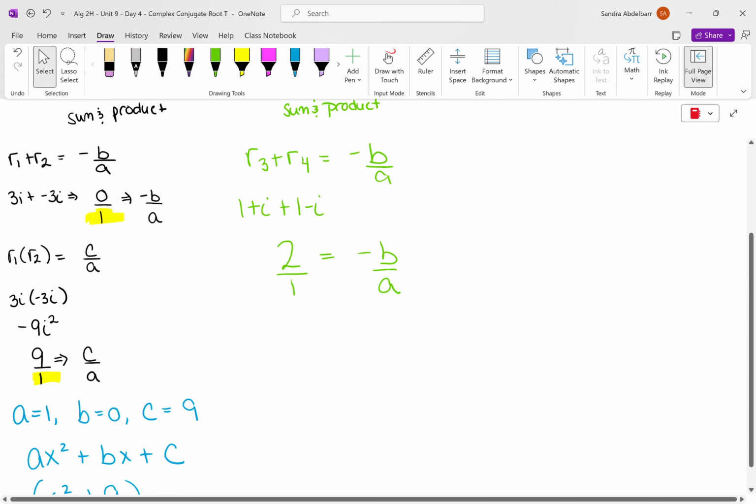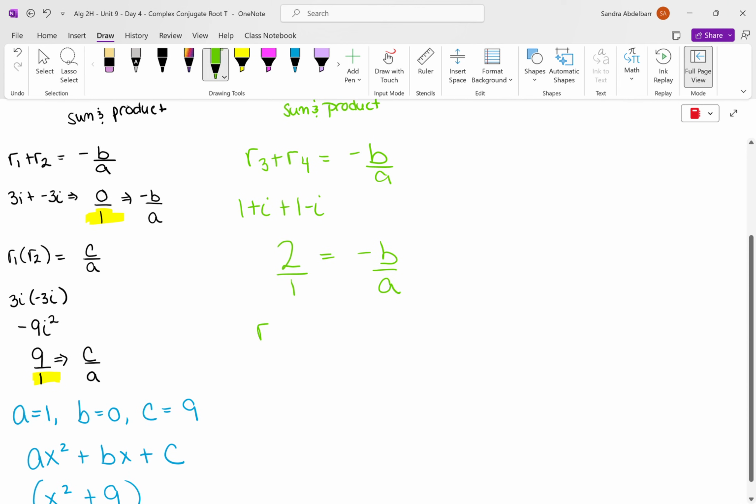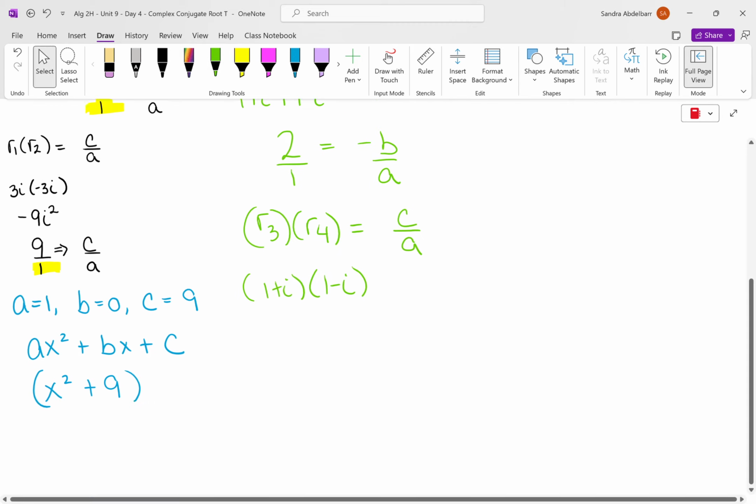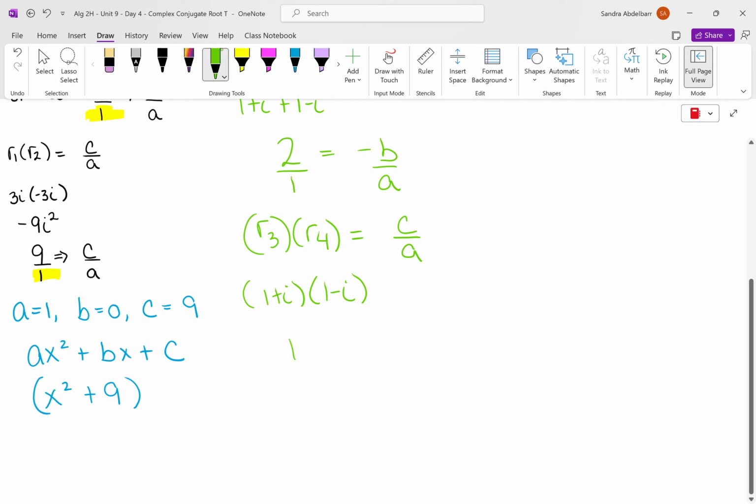Find the product. So now we have R3 times R4 will give us c over a. So we have 1 plus i times 1 minus i, and that's going to be 1 plus 1, which is 2 over 1.